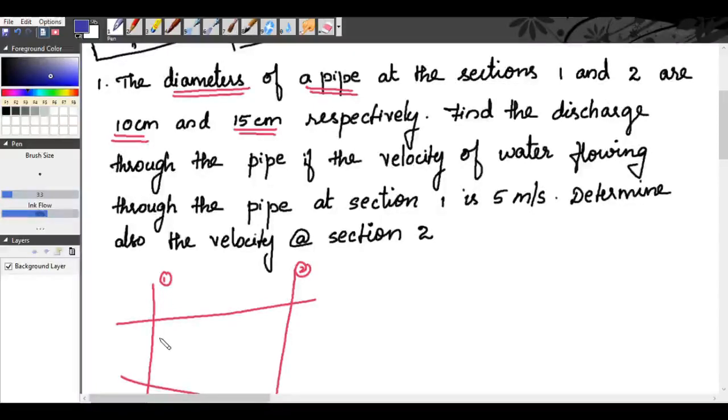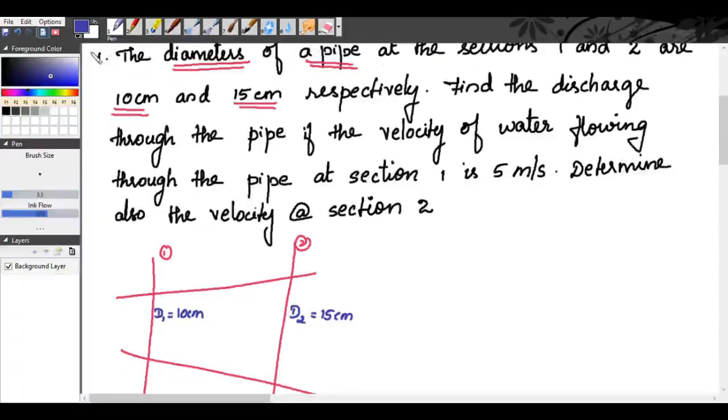So we take D1 as 10 centimeter and D2 is equal to 15 centimeter. Now we are asked to find the discharge through the pipe. So we need to find Q.